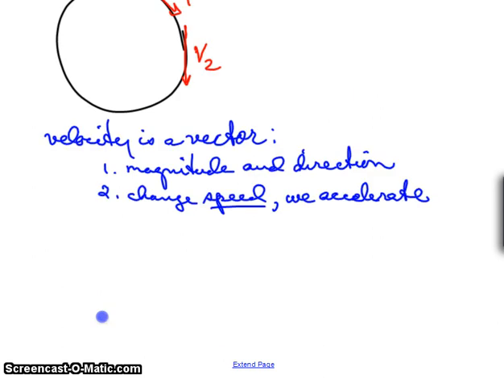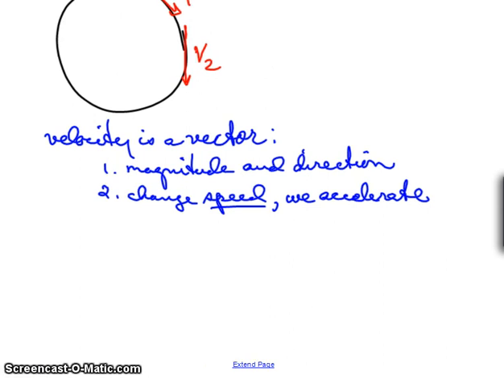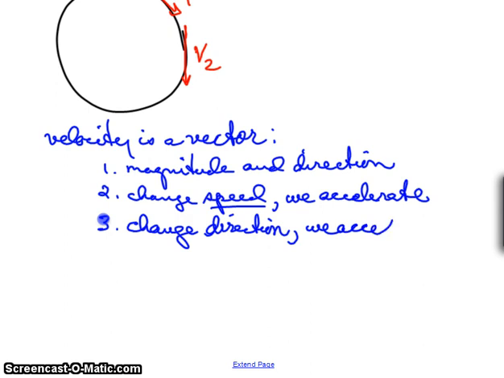But now, because it's a vector, we can also say that if you change direction, you also accelerate. So now we have another way of accelerating, and we've changed direction. Now let's see how that works.